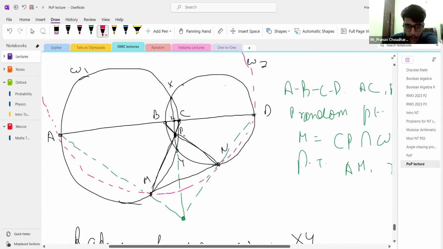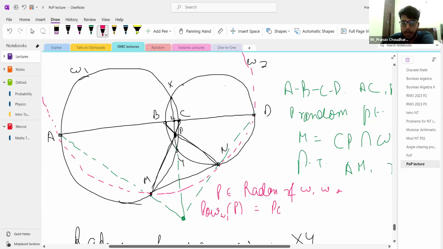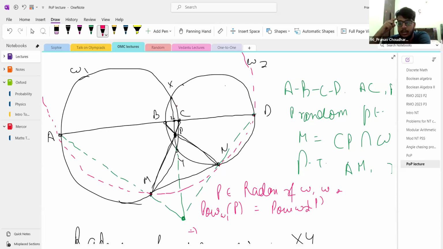So if we see the point P, P lies on the radical axis of omega 1 and omega 2, so the power of P with respect to omega 1 equals the power of P with respect to omega 2. What is the power of P with respect to omega 1? Someone except Lavish and Uma.